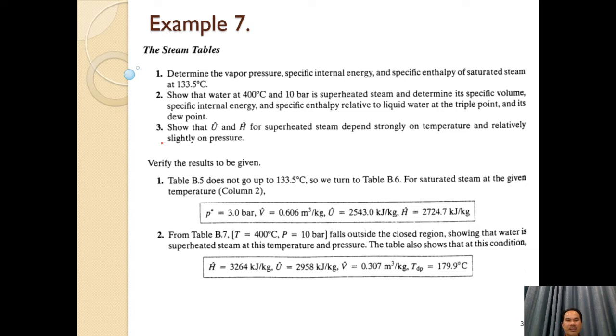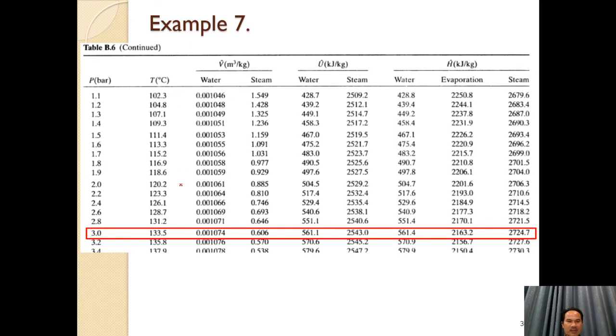For example, determine the vapor pressure, specific internal energy, and specific enthalpy of saturated steam at 133.5 degrees Celsius. You can open this table. At a temperature of 133.5, the vapor pressure is 3 bar.